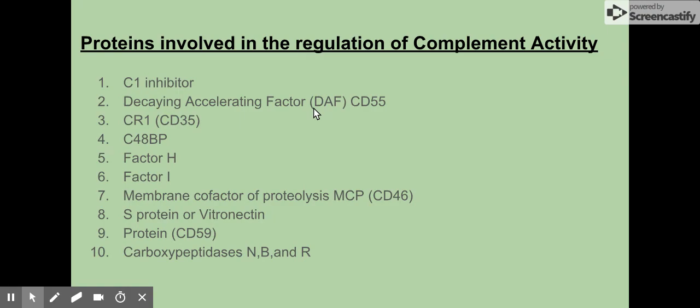Number five is the factor H. The pathway that it affects is alternative, and its function is to block formation of or accelerate dissociation of the C3bBb C3 convertase. The factor I can block all three pathways as well: classical, alternative, and lectin. It's a serine protease. It cleaves C4b and C3b using cofactors shown.